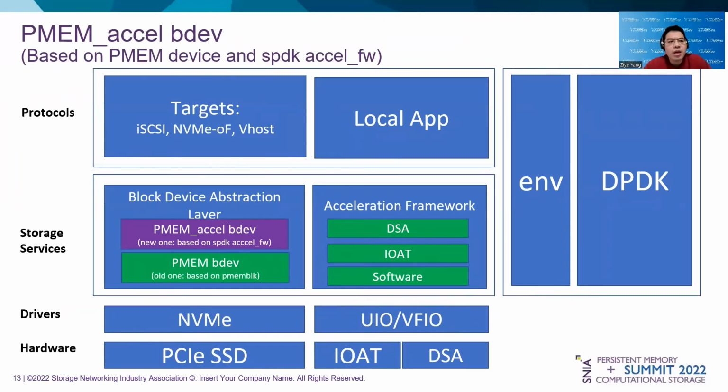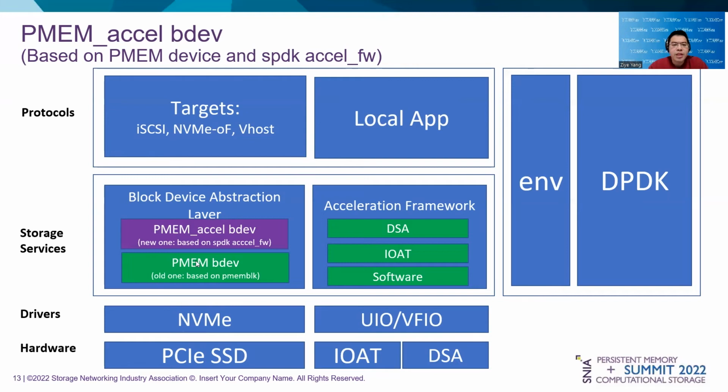So this diagram shows the high-level design of Pmem Accel bdev based on the SPDK Accel framework. In this diagram, we can see there is a new block implementation marked with purple color compared with the previous implementation.